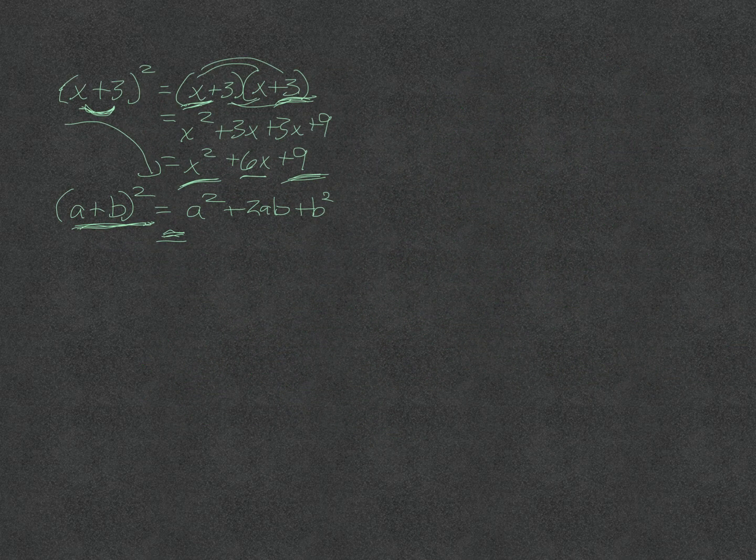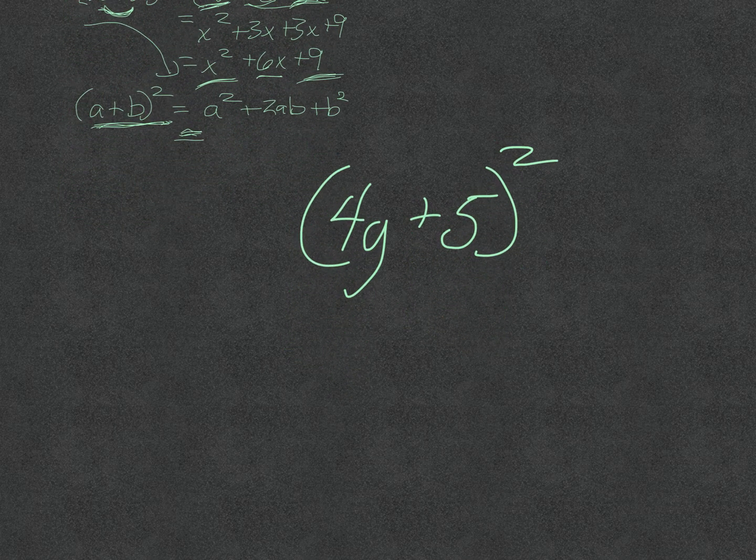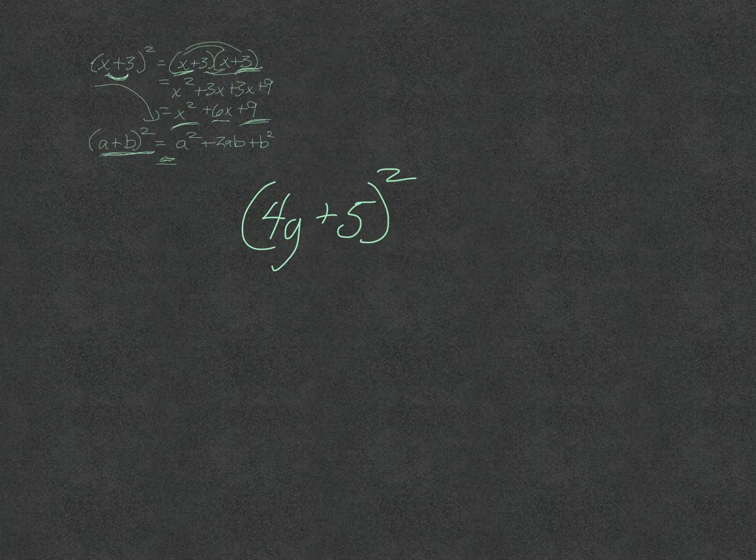So let's do a quick example of what that's going to look like. Let's try and do this one. Now, I should mention, let's make it 4y plus 5, and then I can mention that on the next slide. So 4y minus 5 squared.